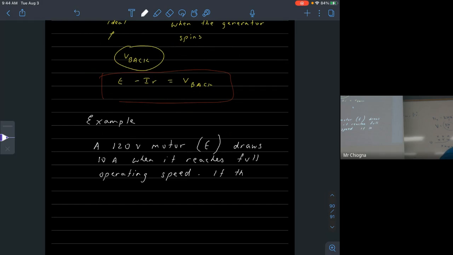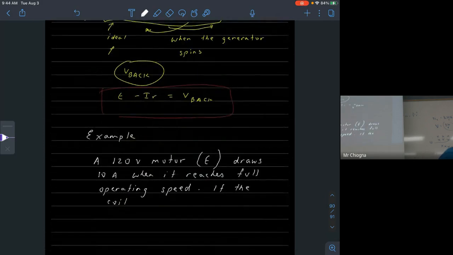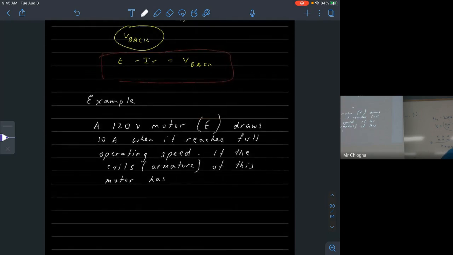If the coils, and there's more than one coil, I only drew one here. There's more than one in the real motor. If the coils, it's known as the armature, of this motor has a resistance of 5.2 ohms.